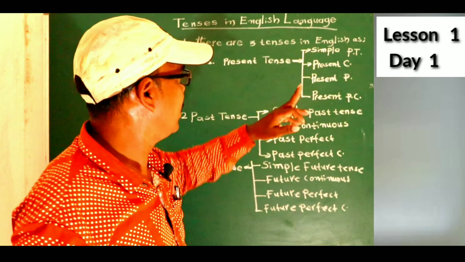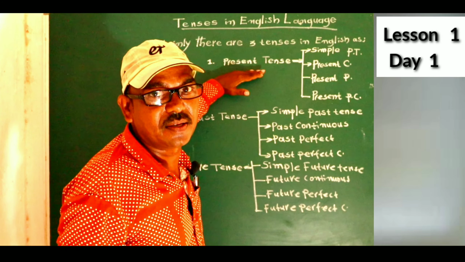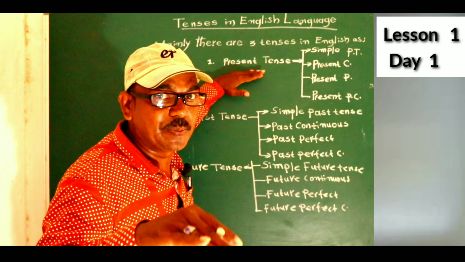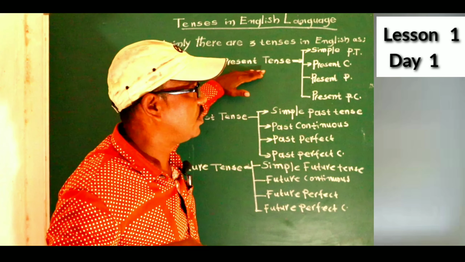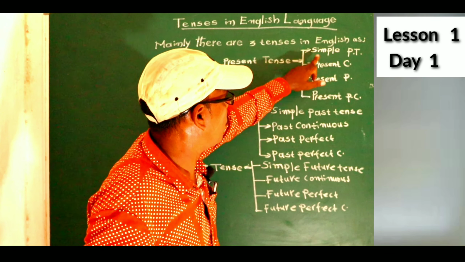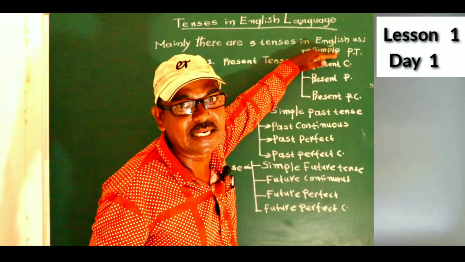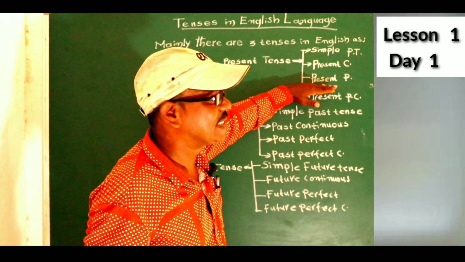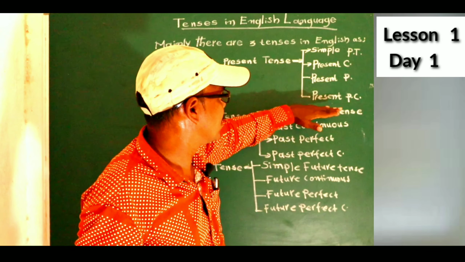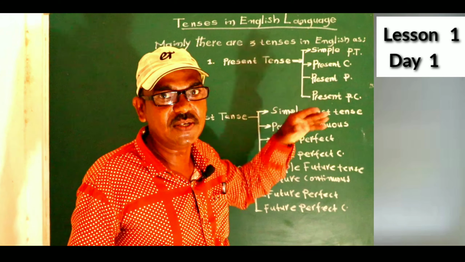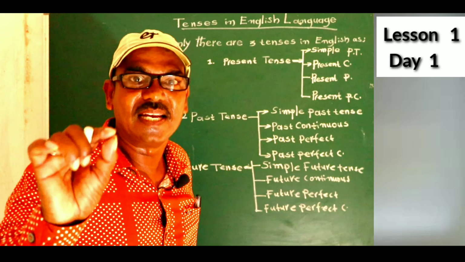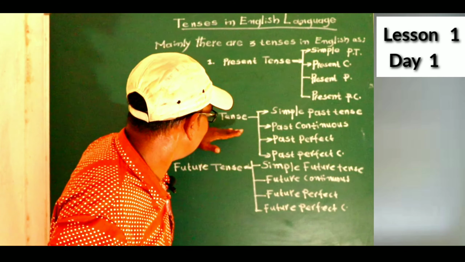Once again, the present tense is divided into four types. Simple present tense, next present continuous, present perfect, present perfect continuous.